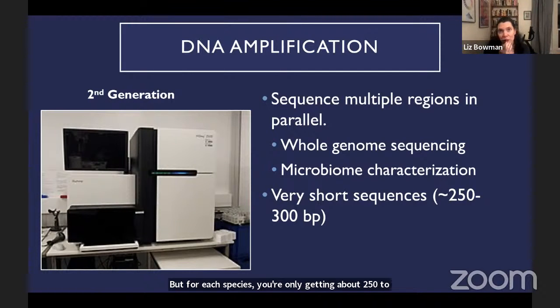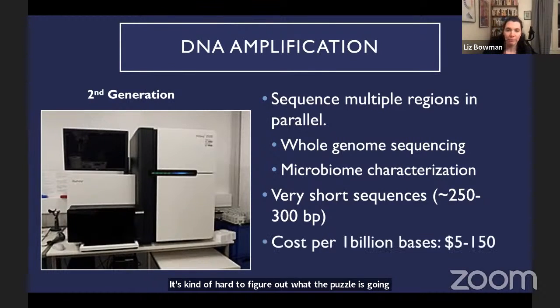So you can think, if you're trying to identify a species, having more bases is a lot better. Trying to think of an analogy I could use. Okay, if you're doing a 500-piece puzzle and you have 10 pieces, it's kind of hard to figure out what the puzzle is going to be. The more pieces you have, the easier it is. So it's kind of like that.